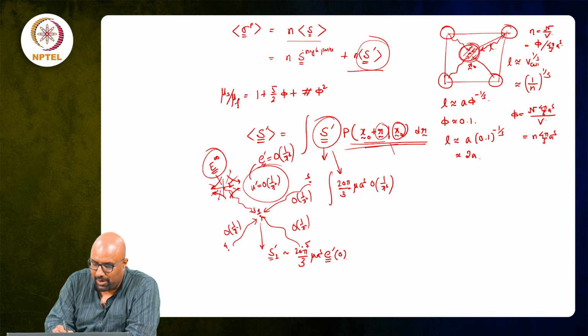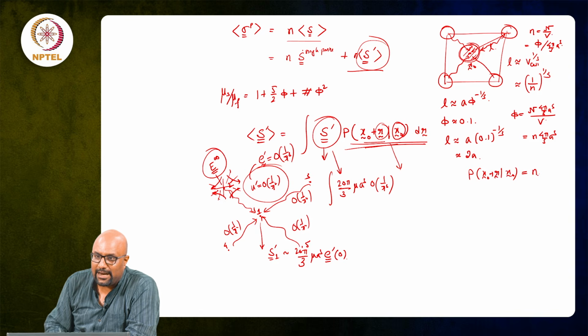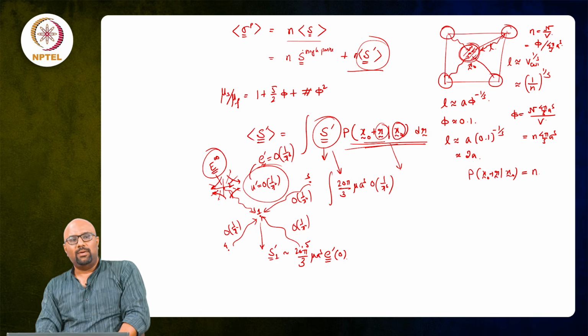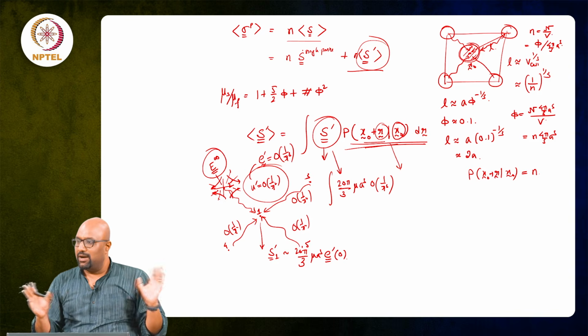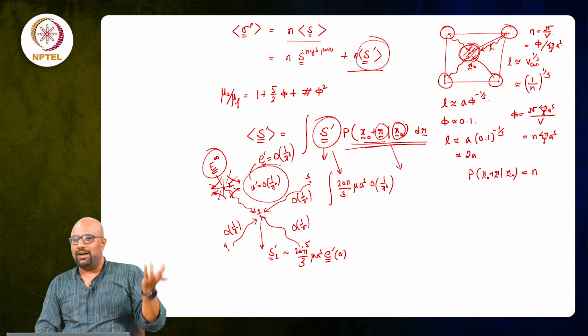Now, if I say the probability is uniform, which means what is uniform probability? If the probability is uniform, then it should be equal to n, right. The number density, the probability is equal to the number density if it is uniform everywhere. If the particles are uniformly distributed, then the probability of finding a neighbor is obviously the number of particles per unit volume.